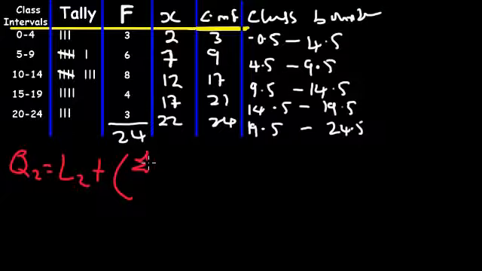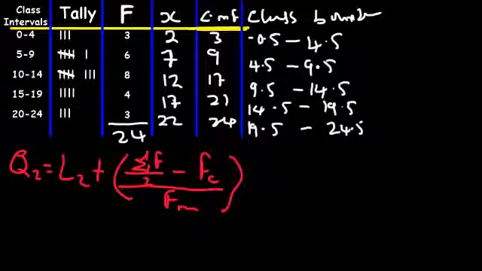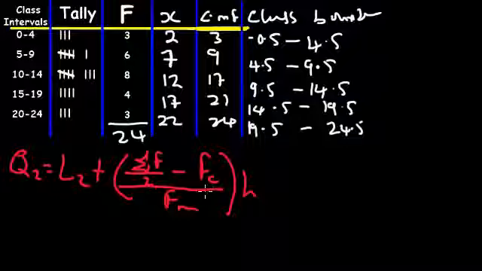Summation of f over 2, minus f sub c, which is the cumulative frequency below the Q2 class. Are we together? Perfect. Then divided by f sub m, the frequency of the Q2 class. Good. Then entirely multiplied by the class height. It's only the class height that usually remains unchanged in these formulas.